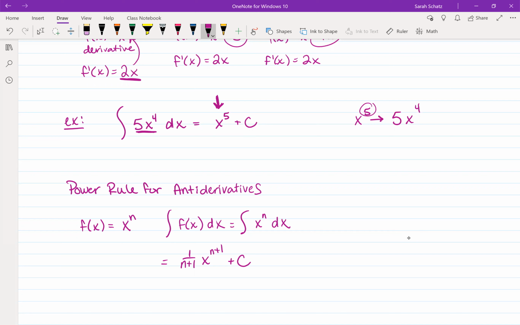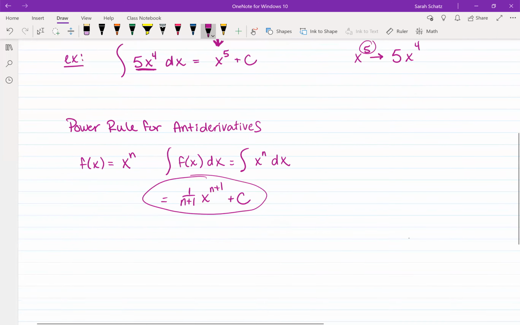I'm bringing it down in front with division. And am I subtracting 1 from my power like I did in the derivative? No, I'm adding 1 to my power. So this 1 over n plus 1, x to the n plus 1, is basically the exact opposite of your derivative power rule. But we can use it to find our answers always.